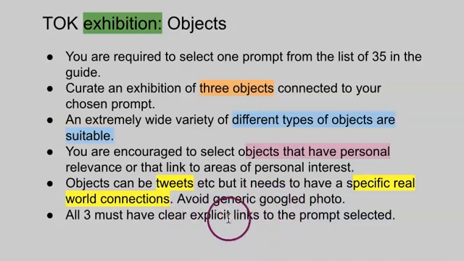So you can't have a photo of a baby that you've Googled. You need to have a photo of a baby that you know, maybe your cousin or something like that. And that would make it a lot more relevant, and you can speak about that in your writing a lot more clearly. So all 3 must have clear and very explicit links to the prompt selected.